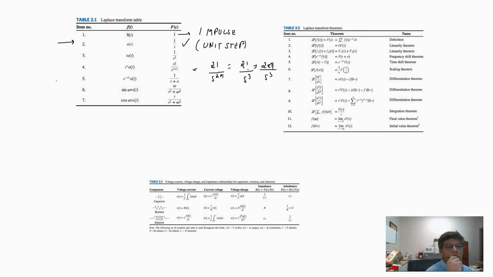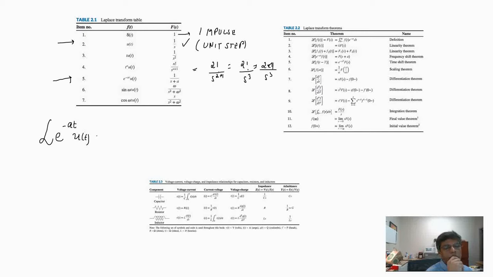Similarly, take a look at number 5. You're going to be using this a lot: e to the power of negative a t, u of t. Sometimes the symbol we use is like this. This is called the Laplace transformation of this time domain function.